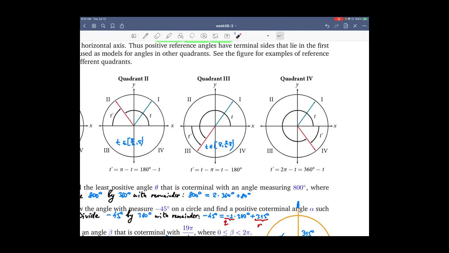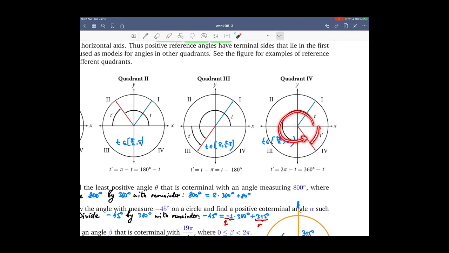Finally, when your angle is in quadrant 4, so t is from 3 pi over 2 to 2 pi, like in this picture, this is t. Again, I believe the arrow is drawn in the picture incorrectly.